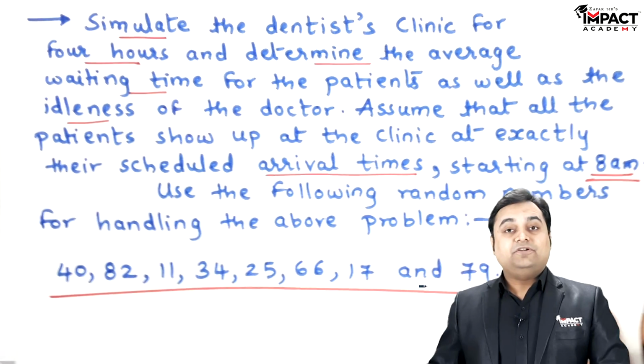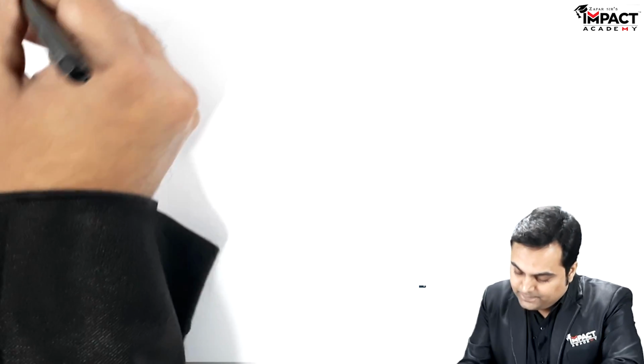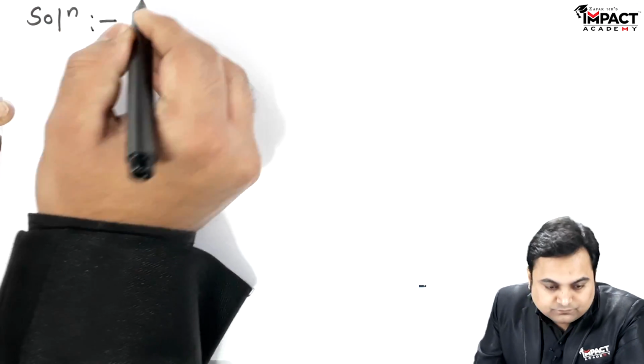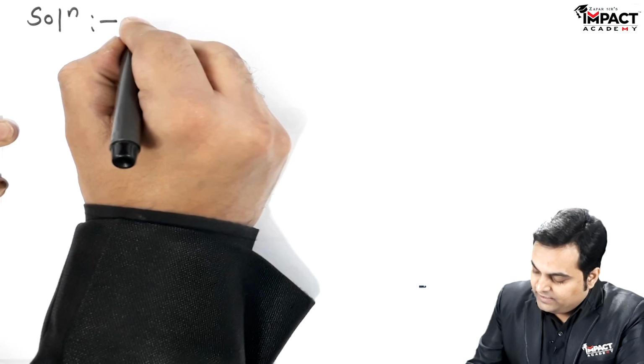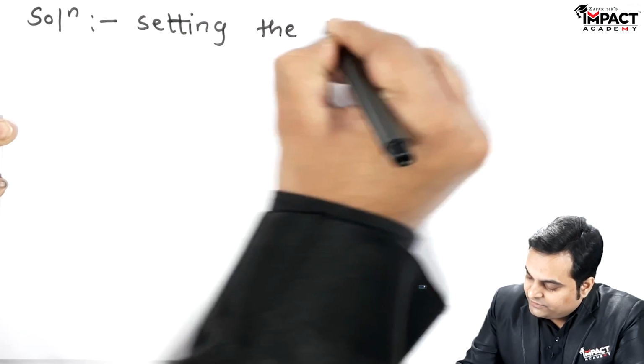Now how to start the solution, that I am explaining. First we have to fix the random number interval. So in the solution part, here I am setting the random number interval.